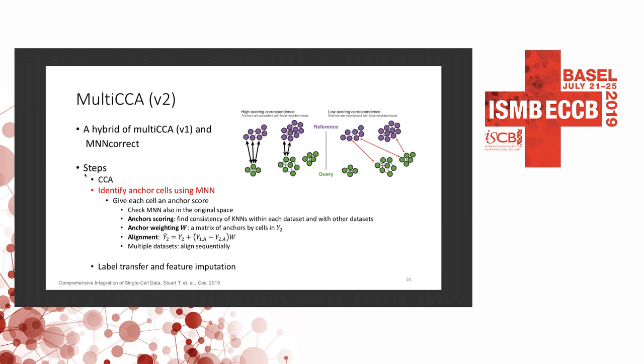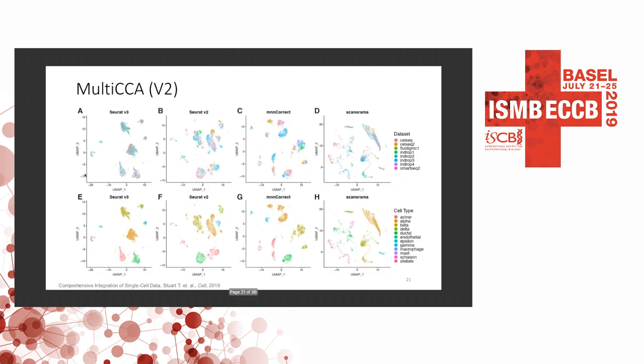And if these two cells are nearest neighbors in the second data but very far away, then these may be cells that don't have a good representation in the second data, and these are not anchor points I want to rely on. So they find these anchor points, then align based on the anchor points, and then they can align all the cells. These are technical details that are different from MMM correct, but not the core idea. They can also do label transfer and feature imputation using multi-CCA, but that's not really related to data alignment.